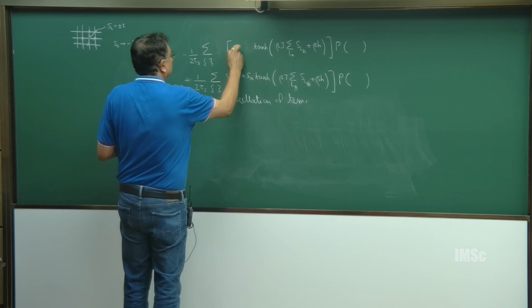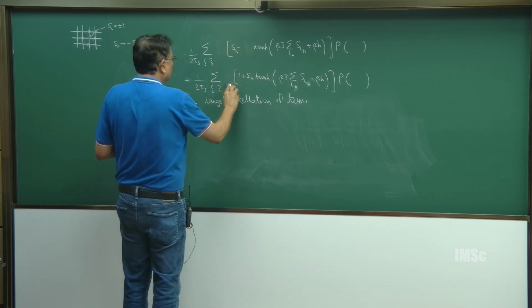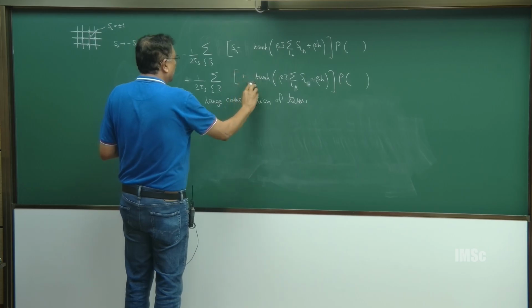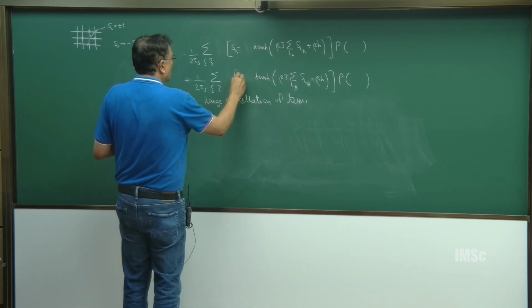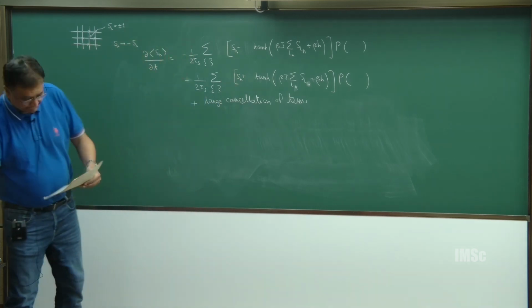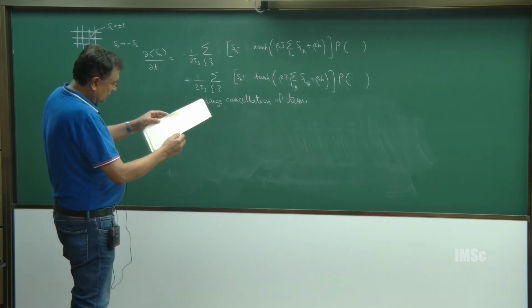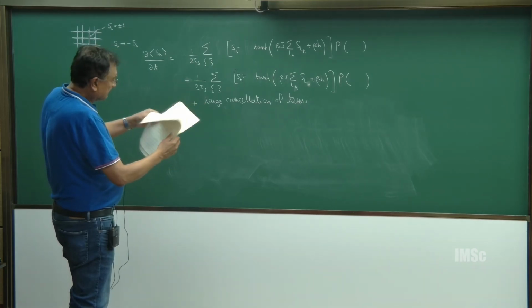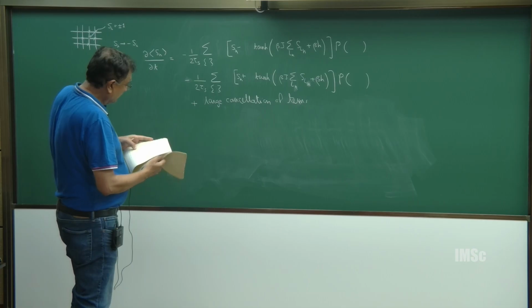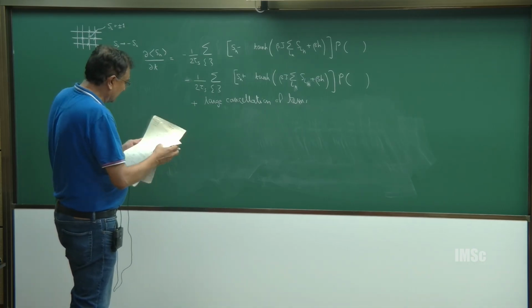Now I get Sn minus Sn squared, which is 1, and here I get Sn plus that. Okay. We are almost there, actually at the last step of the calculation basically.